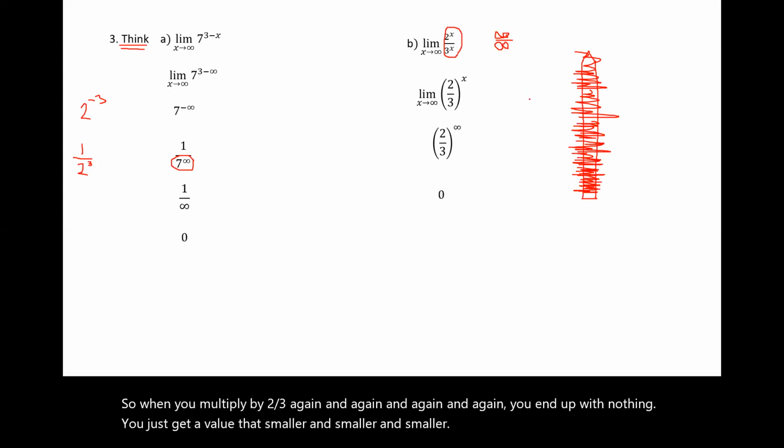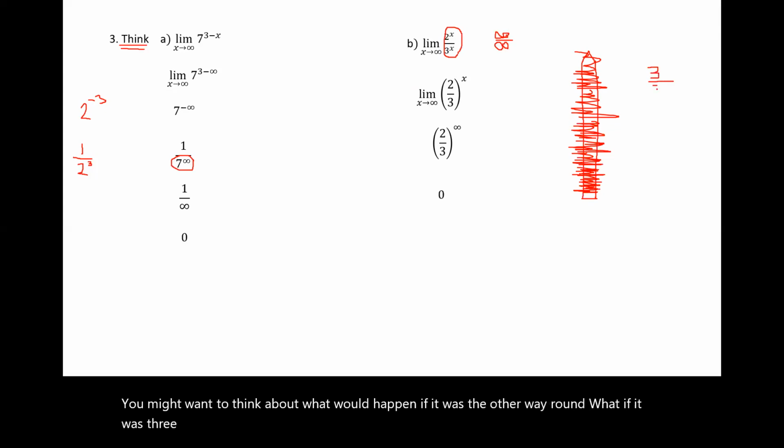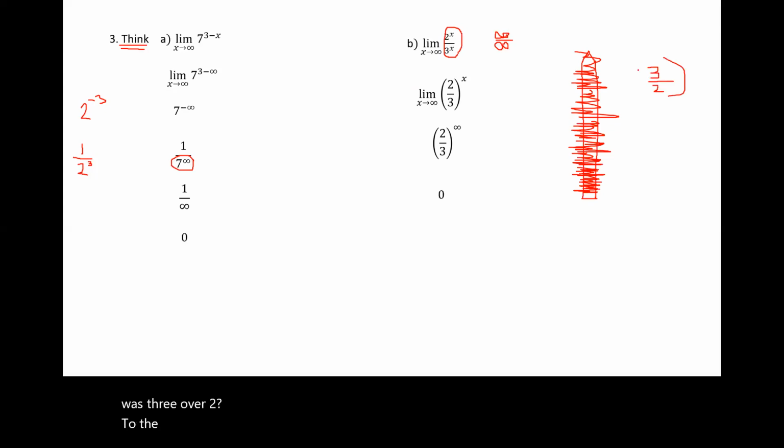You might want to think about what would happen if it was the other way around. What if it was 3/2 to the infinity? What would happen then? 3 over 2 is 1.5. So that would be like saying I have a starting salary, and every year I get that much plus half.